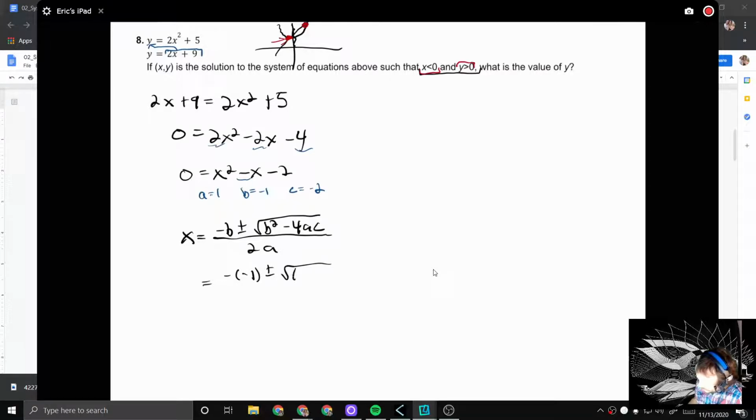the square root of b squared, negative 1 squared, minus 4 times 1 times c, which is negative 2. Notice that I put the parentheses around the negative number to make sure that I get my multiplication correct.